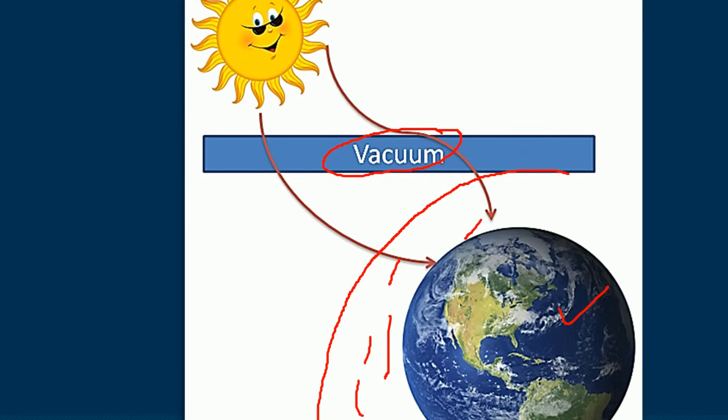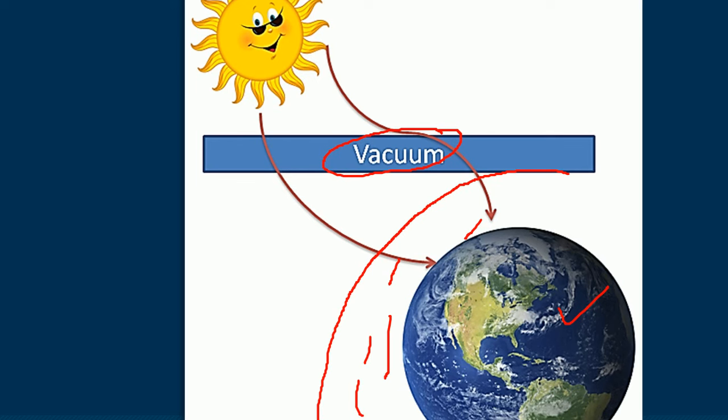But you have to remember one thing: if a medium is not there, the heat transfer is by radiation. If a medium is there, like air, like this zone, then also radiation can happen, but at a lesser rate. The rate of heat transfer by radiation in the presence of air will be less. Why will it be less? Because the air particles which are present create disturbance for the movement of radiation rays, which are also called electromagnetic rays.